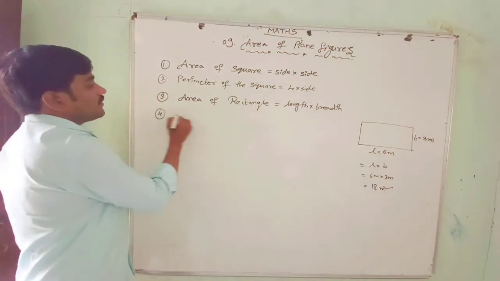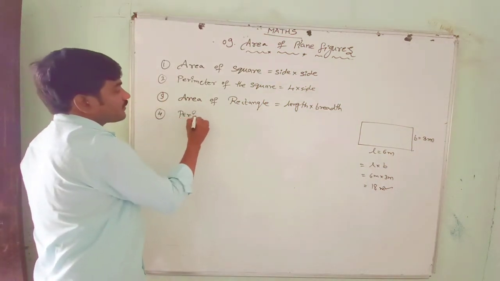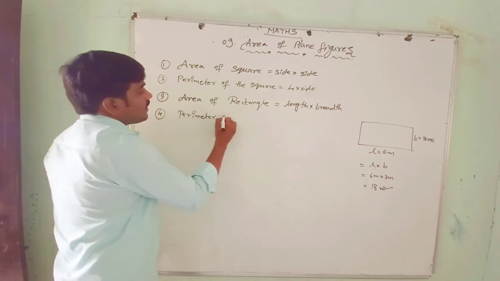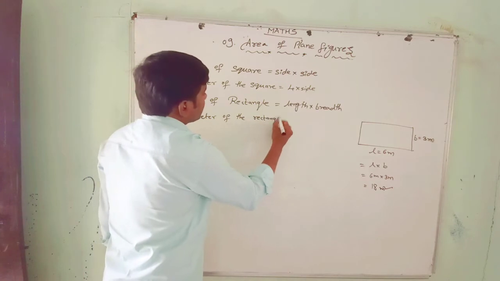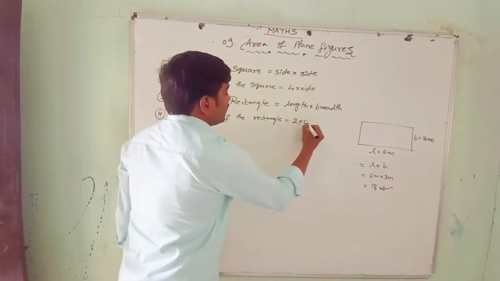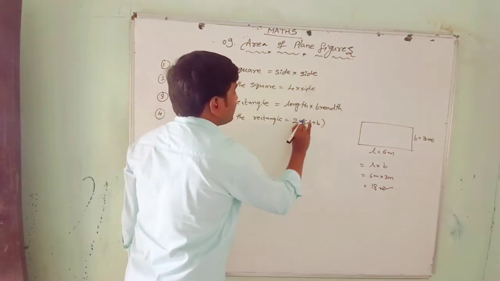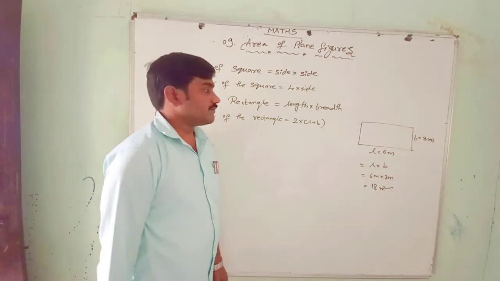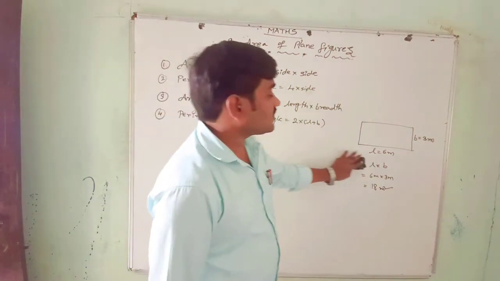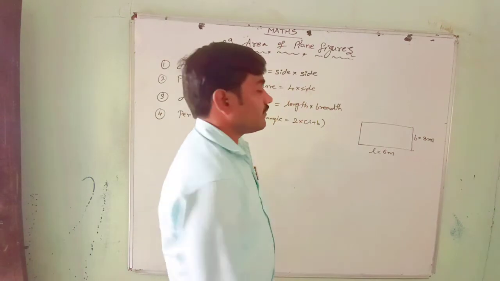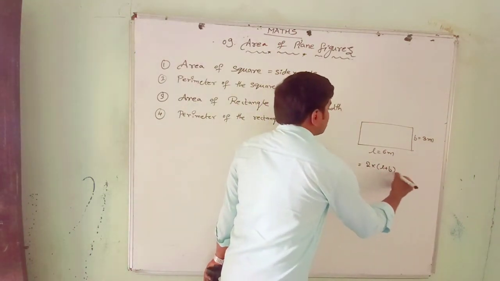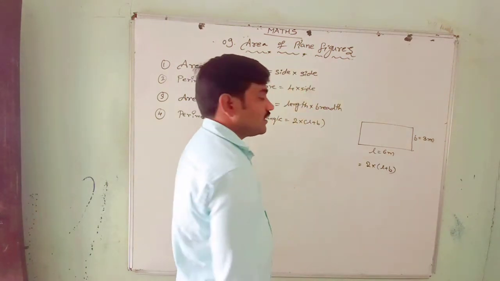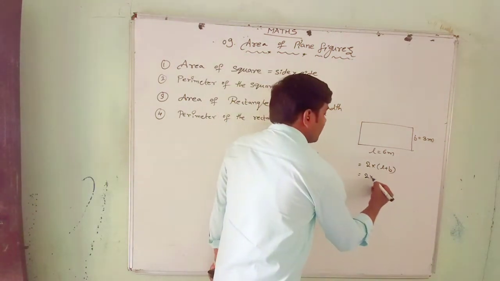Then we go for the perimeter of the rectangle. Perimeter of rectangle formula: 2 into (L plus B), the twice of the sum of the length and breadth. Let us substitute the L value and B value.